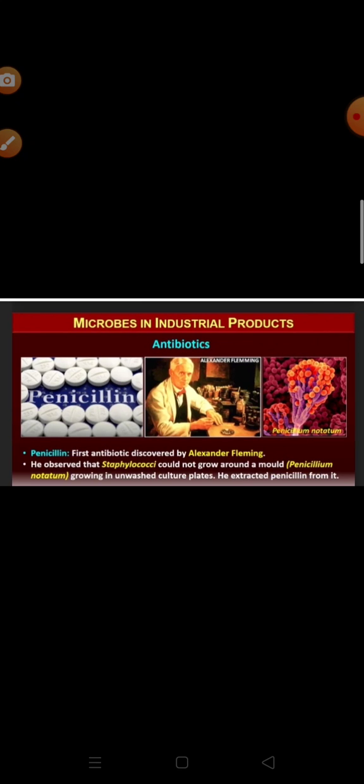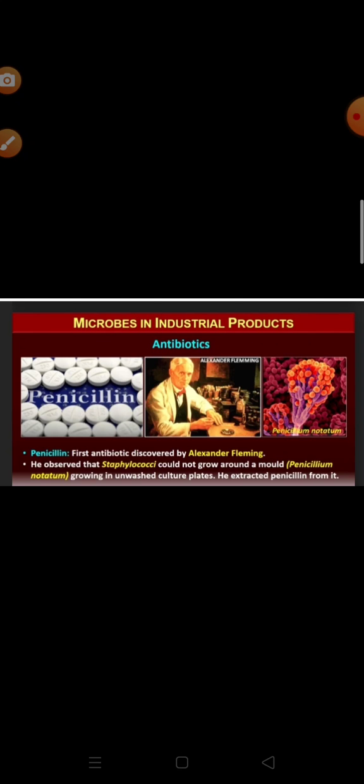Penicillin was discovered by Alexander Fleming, and it was the first antibiotic to be discovered. While working with Staphylococcus bacteria, Fleming observed that the bacteria did not grow around the growth of the mold.